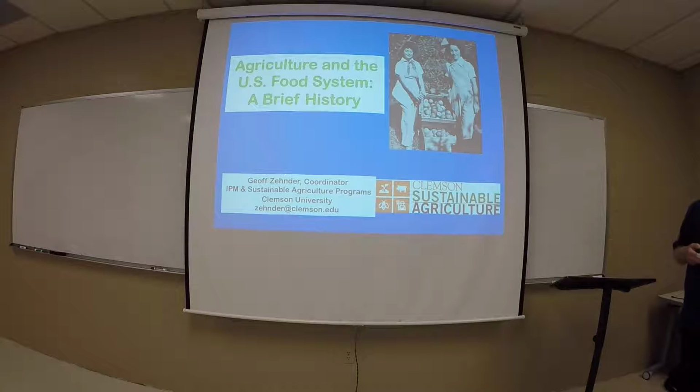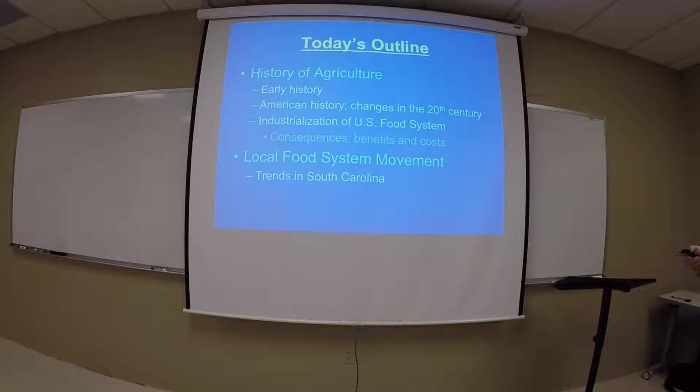So for this first presentation in the course, I thought it would be good to give a brief overview of the U.S. food system as sort of a launching pad, so to speak, for the other topics. So that's what I'd like to do with the time that I have.